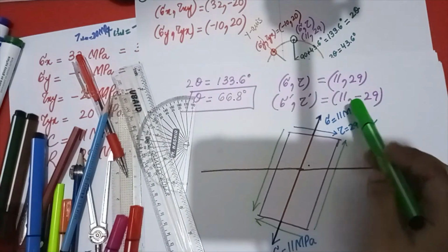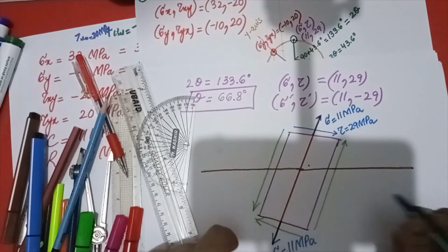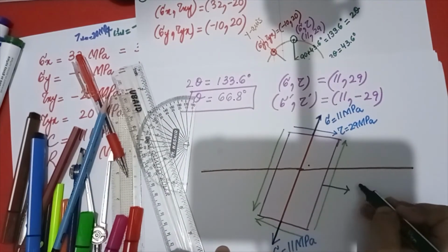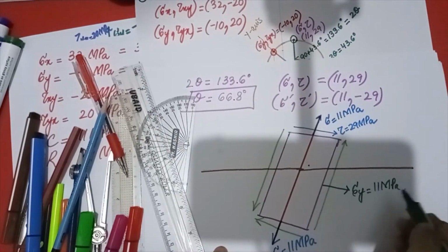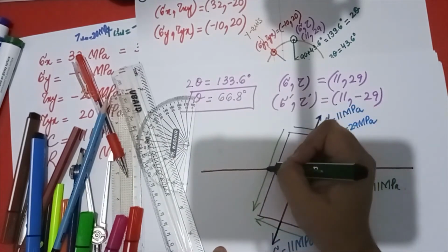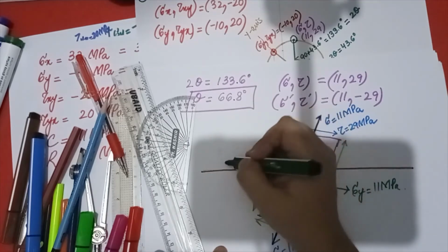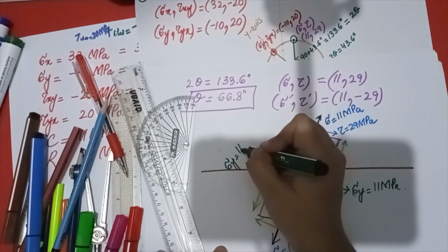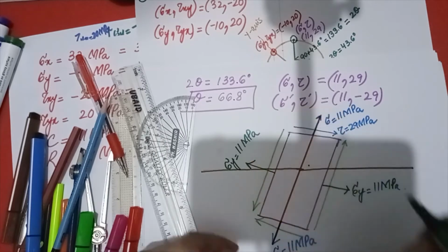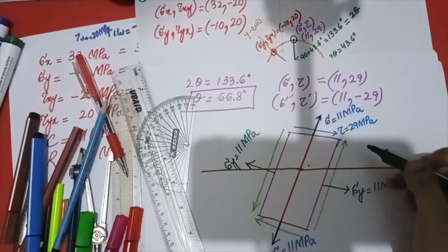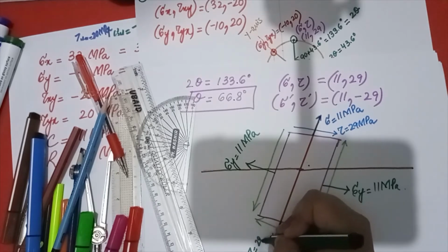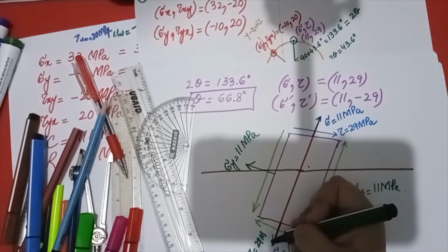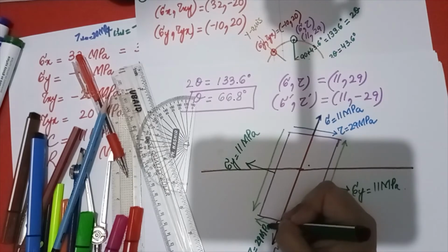Now this is again positive, so it will be outward. Sigma y is equal to 11 MPa, and sigma y again here, equal to 11 MPa. This is done. Now this is tau, and here is tau equal to 29 MPa.